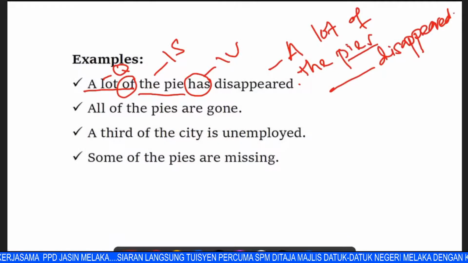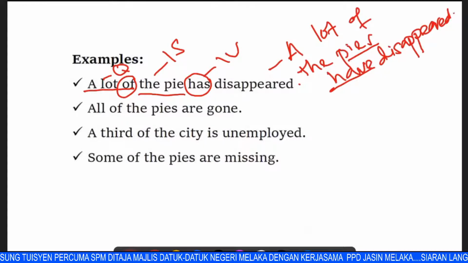When we have an S here, the pies, it shows that the pies is plural. So for a plural subject, we use a plural verb. The plural verb for has is have.